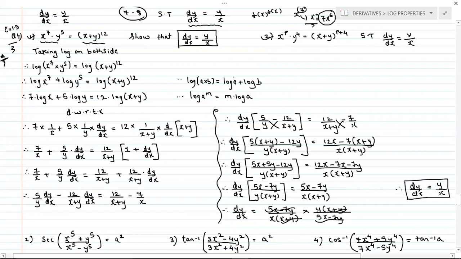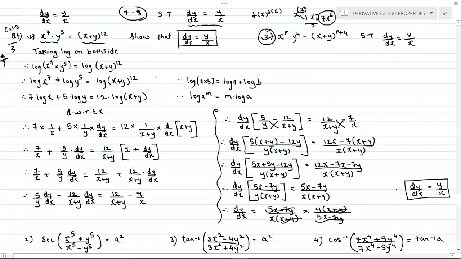And when you see the second sum also, the pattern of the question is the same. So when the pattern of the question is the same, the fundamental concept and whatever explanation I did for the first sum, the same thing will apply for the second also. Simply, wherever you see 7, there you will write p, and in place of 5 you will write 4, and in place of 12 you will write p plus 4.